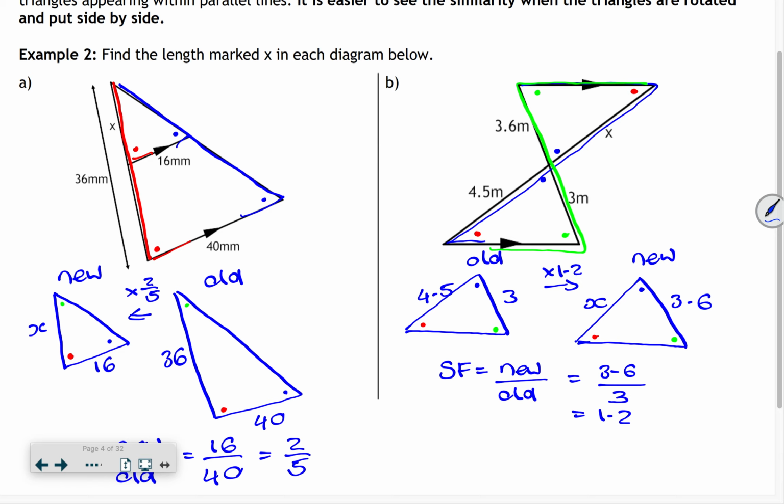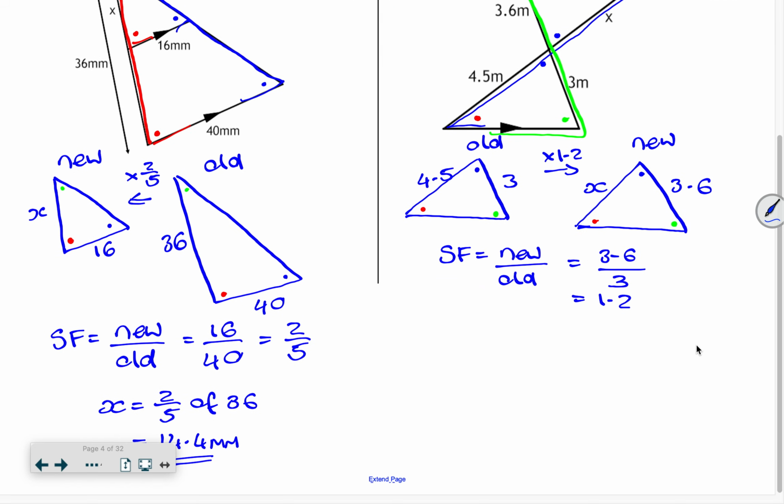Okay? So let's work it out. So I can then say that x is going to be 1.2 times the corresponding side, which is 4.5. Then just work it out. So 1.2 times 4.5, and we get 5.4. So it's going to be 5.4 meters. And that is similar triangles.